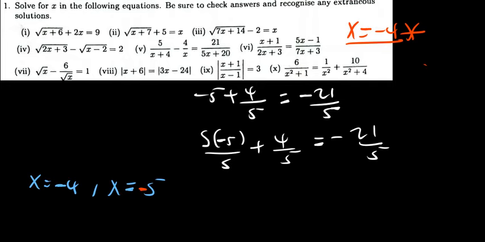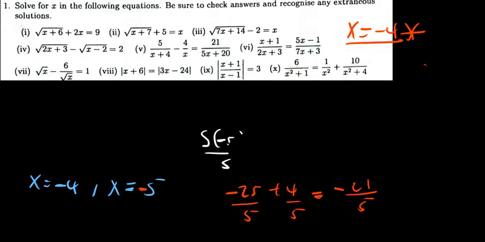So the common denominator, since it's going to be negative 25 plus 4, divided by 5, even here 5, is equal to negative 21 over 5. The denominators are the same, we add the numerators. Negative 25 plus 4 is negative 21 over 5, is equal to negative 21 over 5.